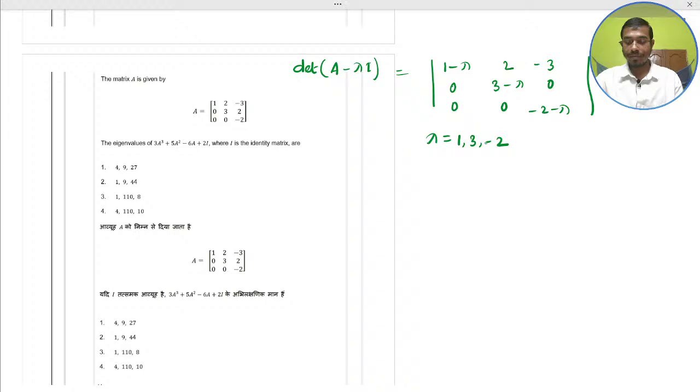Hence the given expression is 3A cube plus 5A square minus 6A plus 2I. This is given.